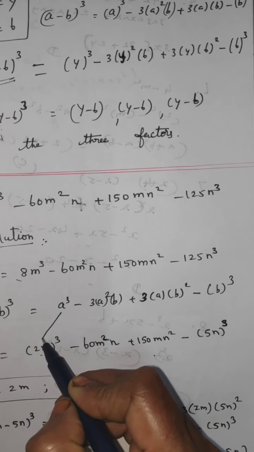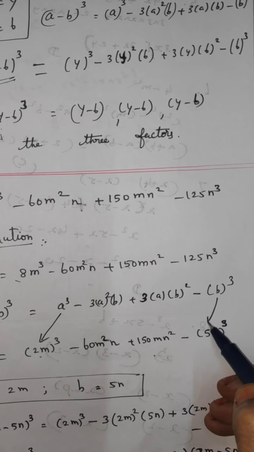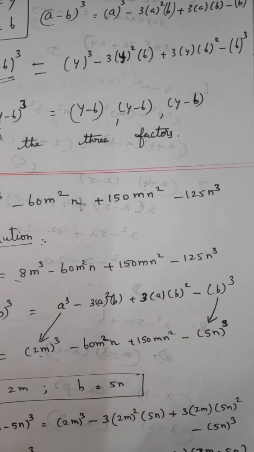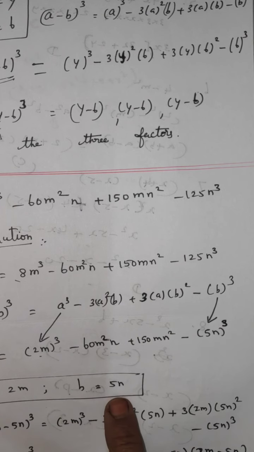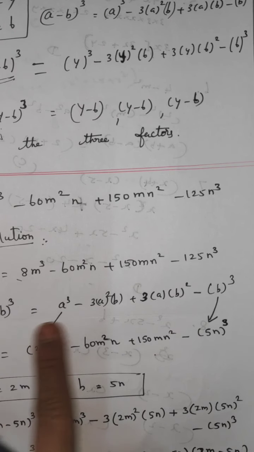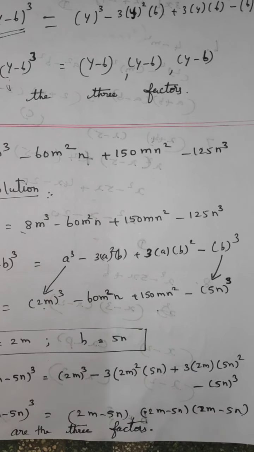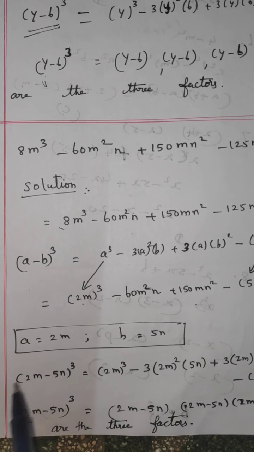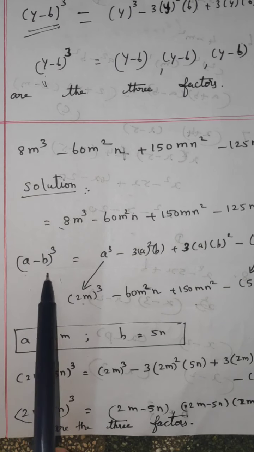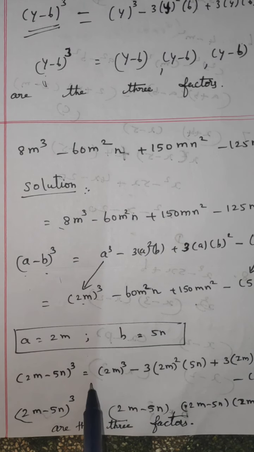Now a, what is the number there? 2m. B, what is the number? 5n. So a equal to 2m, b equal to 5n. These two values substitute in this identity. (2m minus 5n) whole cube is equal to (2m) whole cube. Where is the bracket?